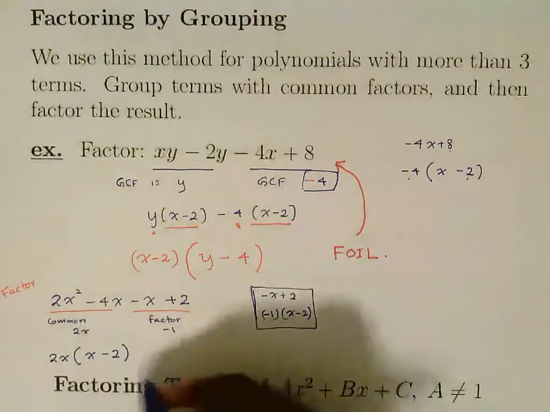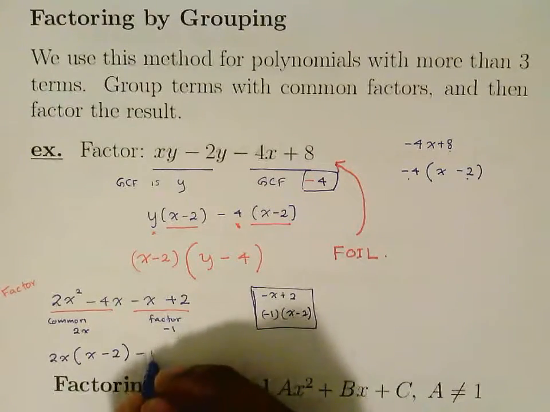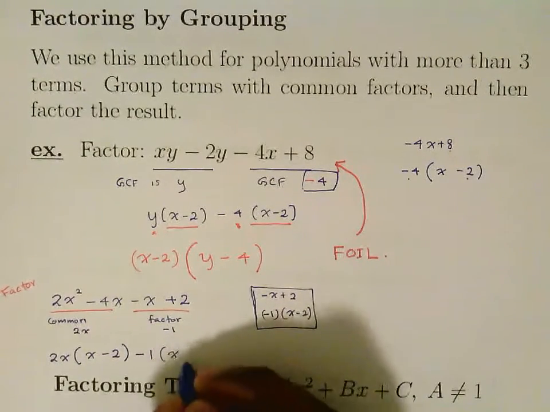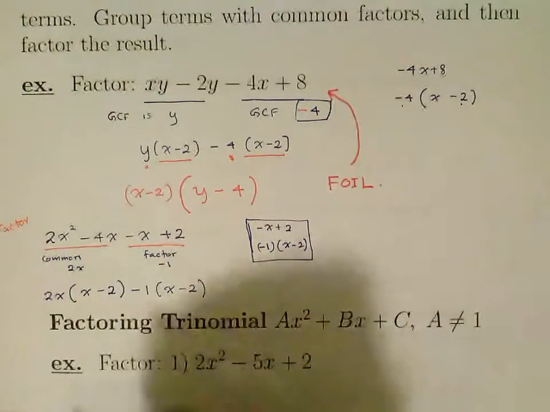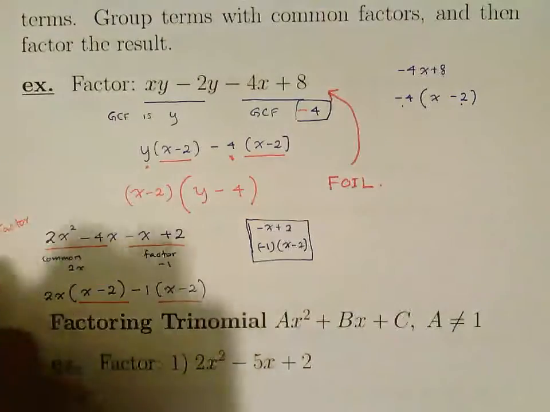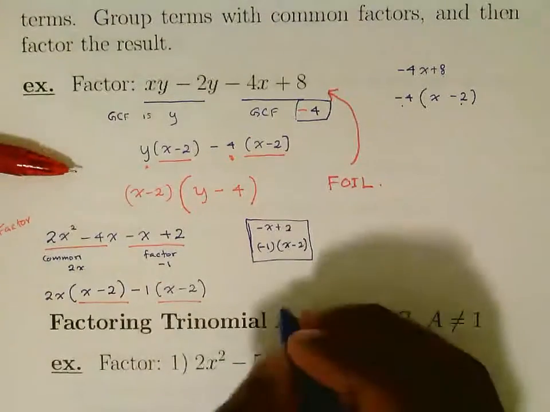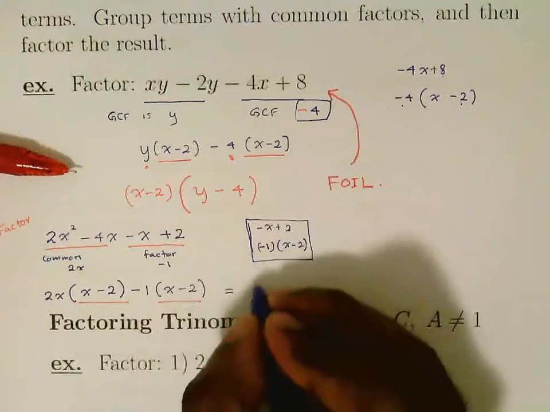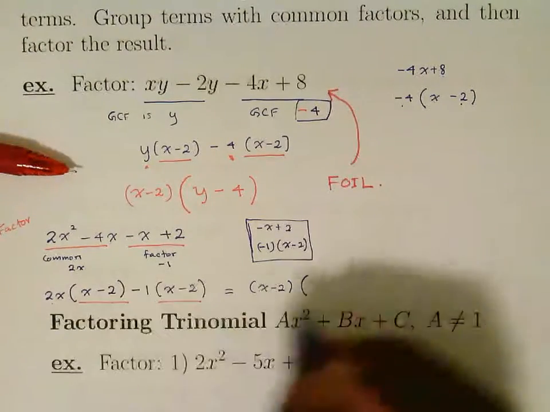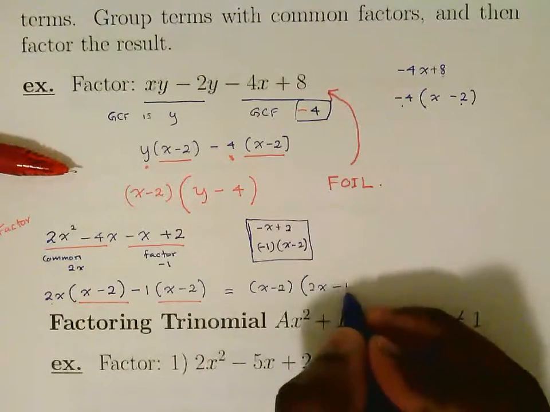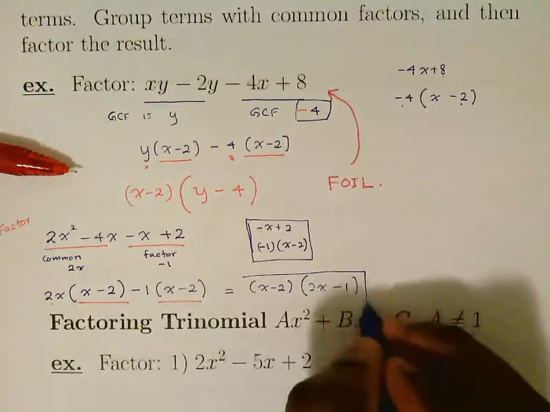Works. So here what goes in is -1 times x minus 2. And you can see x minus 2 is a common factor. That would be taken out, x minus 2, and then write what's remaining, 2x minus 1. That would be the correct factorization.